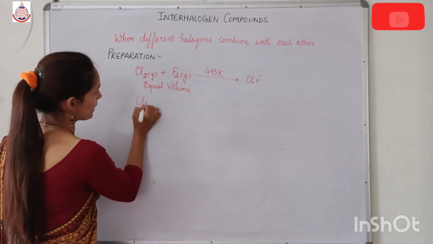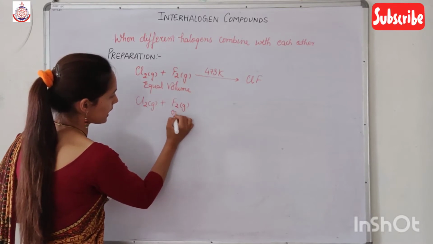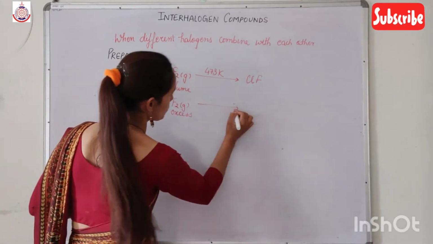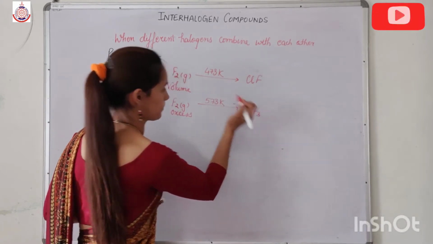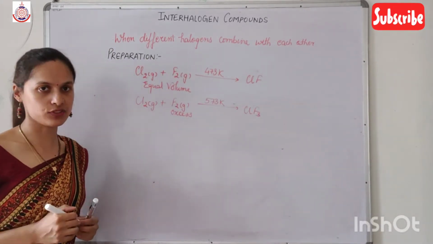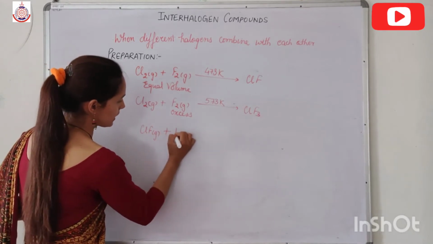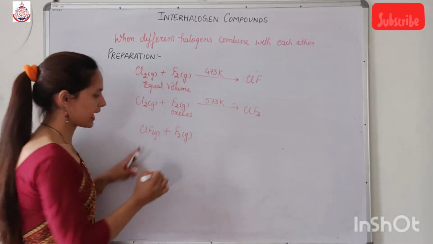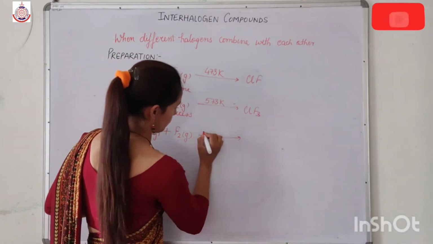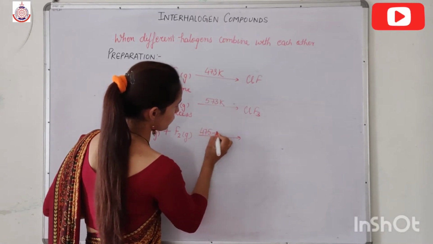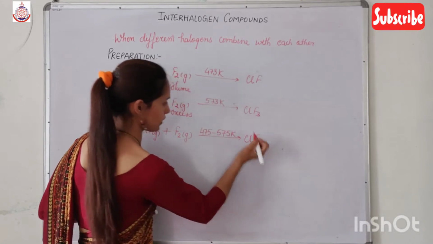And if I take F2 in excess and keep the temperature at 573 Kelvin, then I get ClF3. And if I react ClF gas with F2 gas at 475 to 575 Kelvin, then I get ClF3.